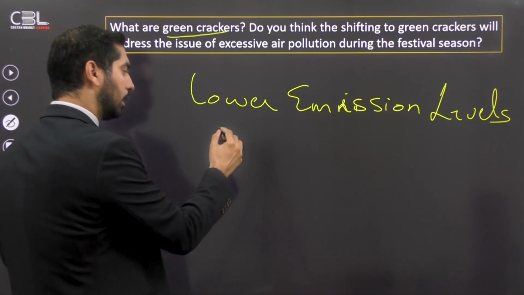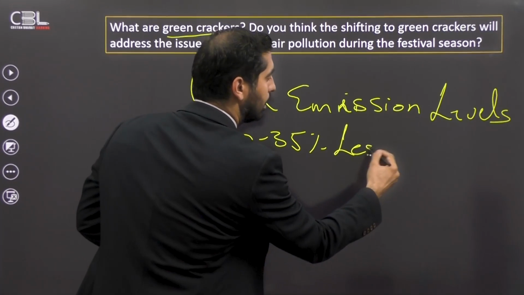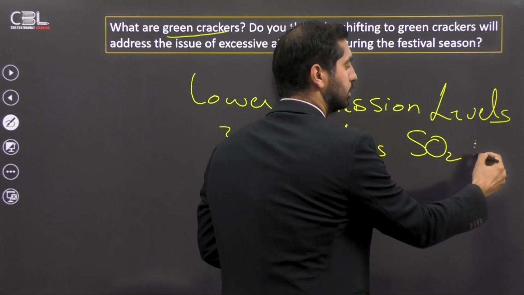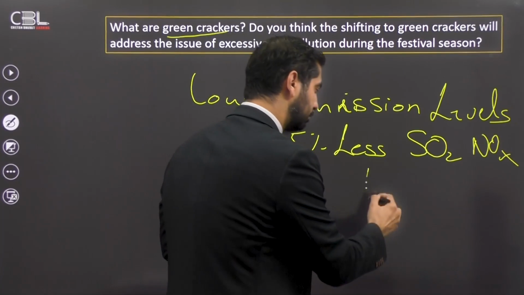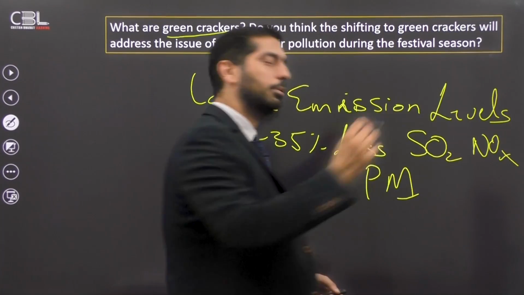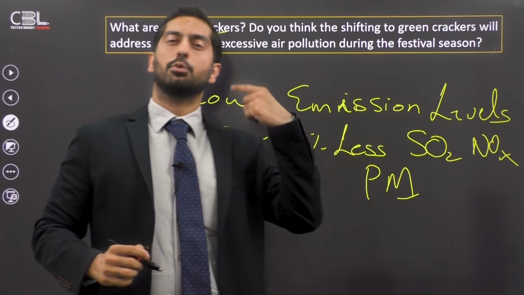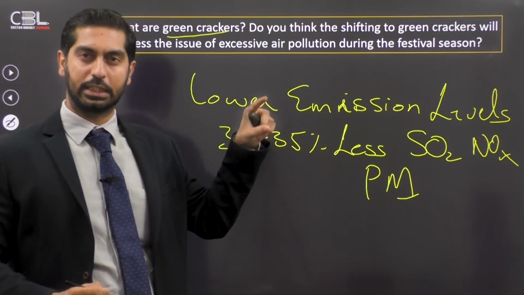They have 30 to 35% less sulfur emissions, nitrogen oxide emissions, as well as particulate matter emissions, PM 2.5 emissions. They produce water molecules which absorb dust, hence the emission levels get reduced.